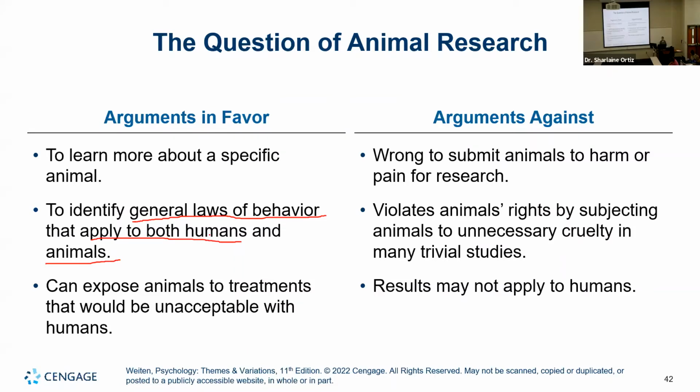We can see, for example, aspects of survival, right? How do animals react to survival? How do humans react to survival? That is because there are general laws of behavior that we can actually observe in both species. The next factor is that with animals, we can expose them to specific treatments that would perhaps be unacceptable to humans.